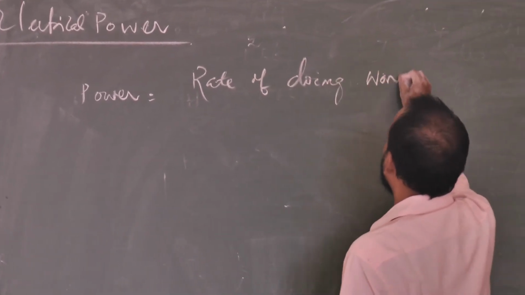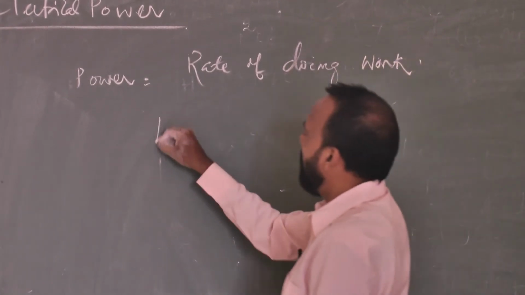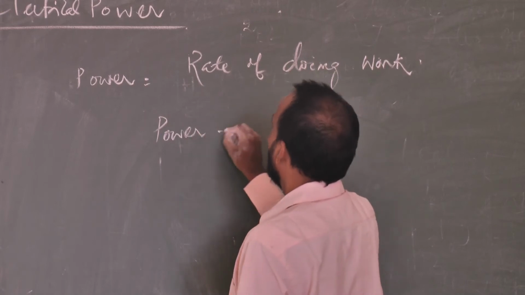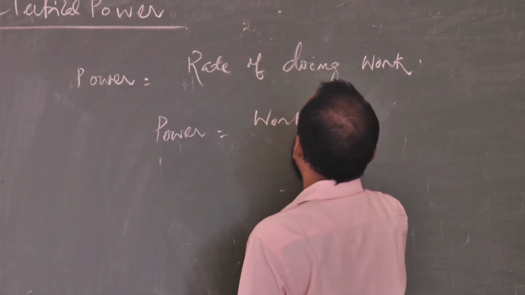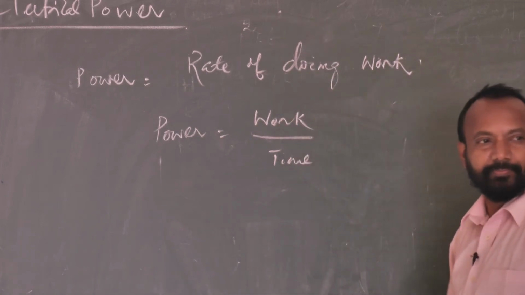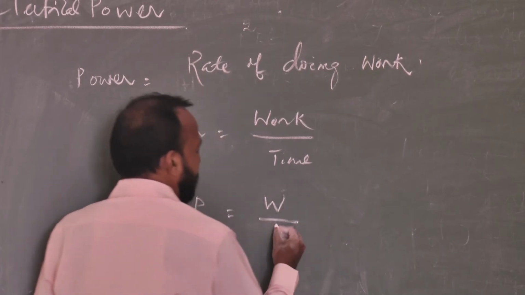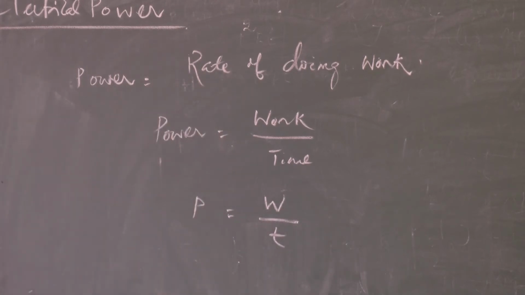Rate of work done is called power. That means power is equal to work done divided by time period T, W by T. So P is power, W is work done, T is the time period. So P is equal to W by T.